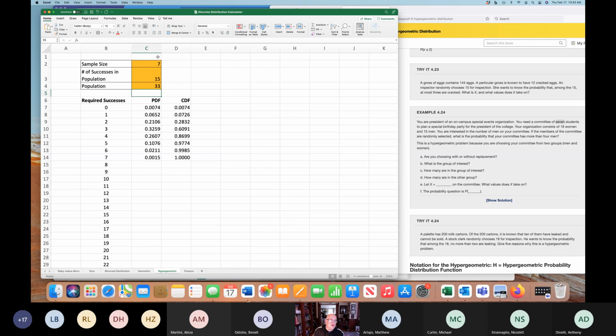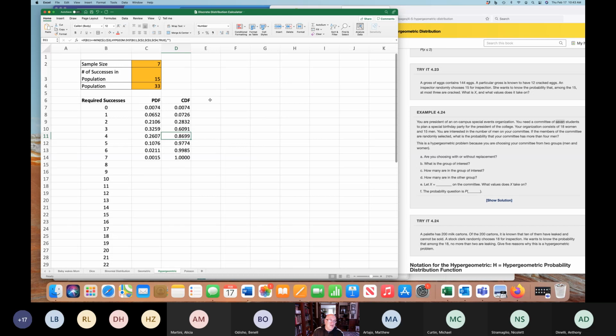You notice every time I entered one of these numbers, it changed. So now what's the question? I can answer any question that you throw to me, a probability question, because I have all the numbers. But they're asking on the committee, what is the probability that it has more than 4 men? Well, here's less than 4 men, right?